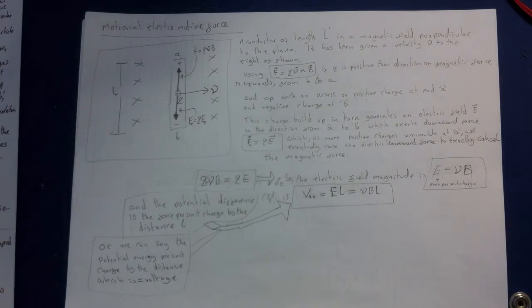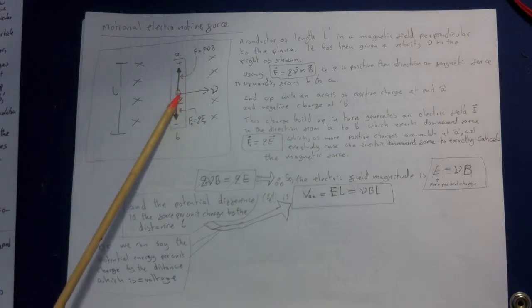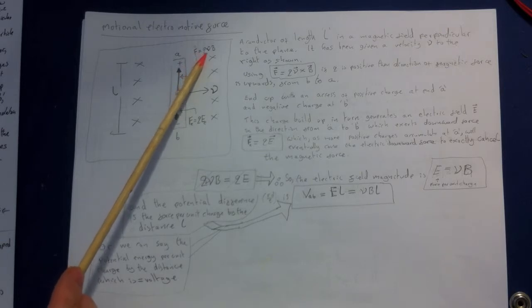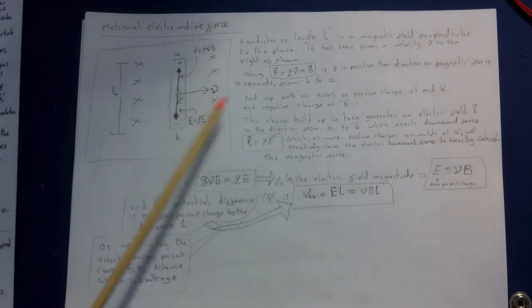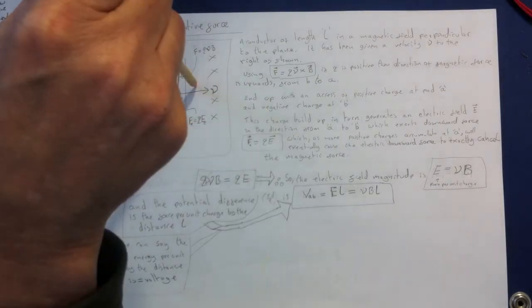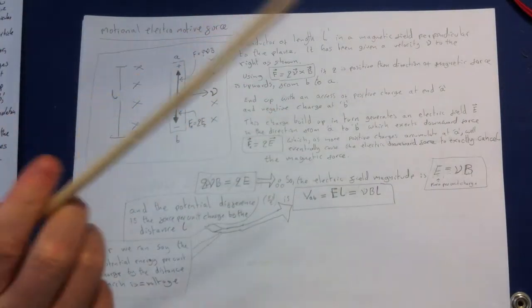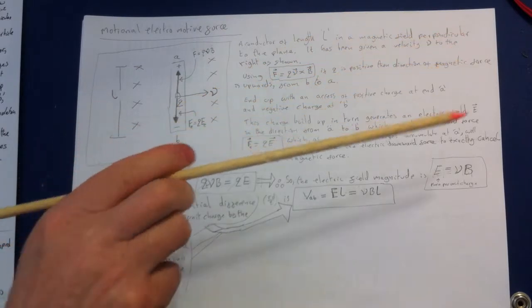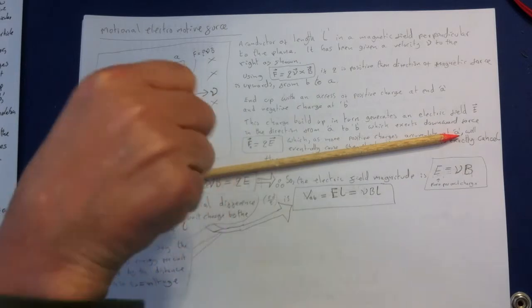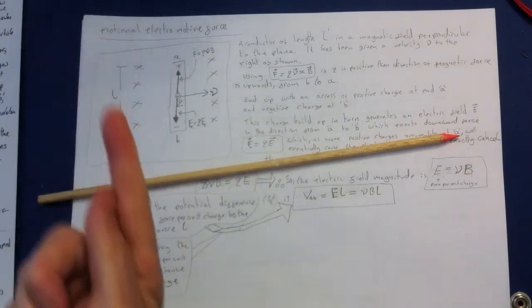A charged particle q in the conductor then experiences a force F equal to qv cross B. So there's a force vector in this direction, and it comes about from qv cross B, because if you cross this v component with the magnetic vector B, you're going in this direction, and so the force is going there.